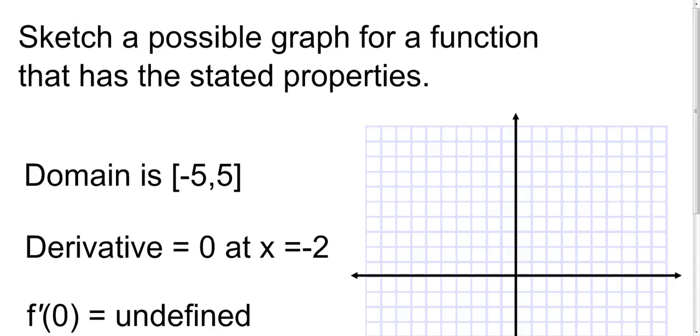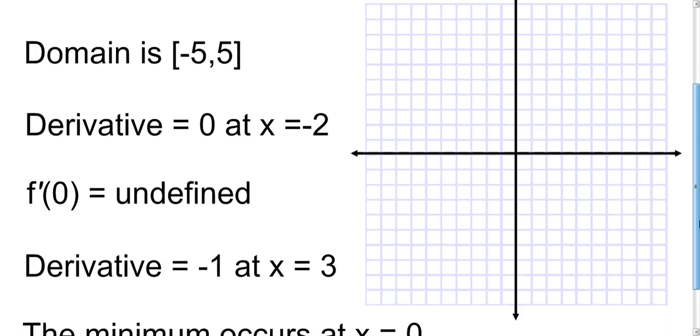All right, next we have a graph whose domain goes between -5 and 5. Okay, so I'm going to just draw some vertical dotted lines in there so that I know that's where my stopping points are. So here's where it's -5, and here's where it's +5.